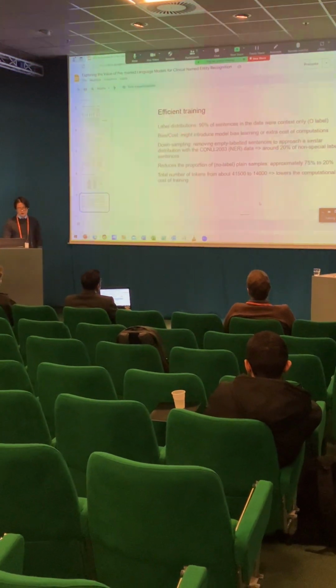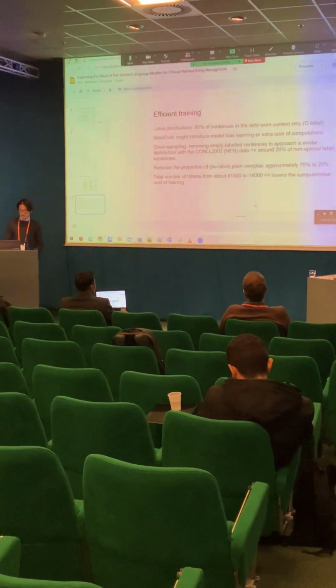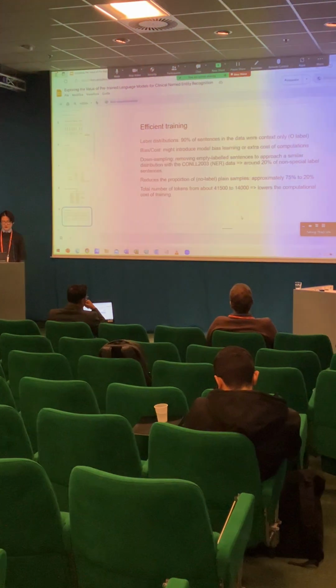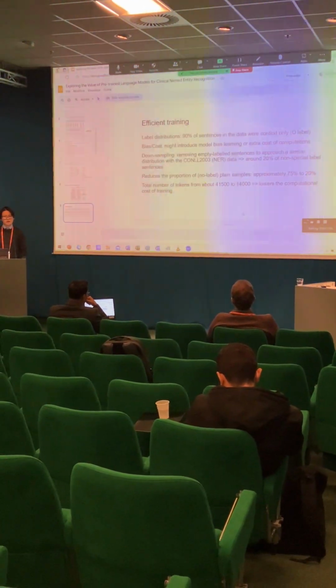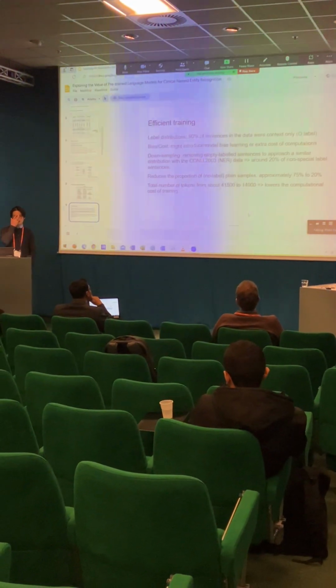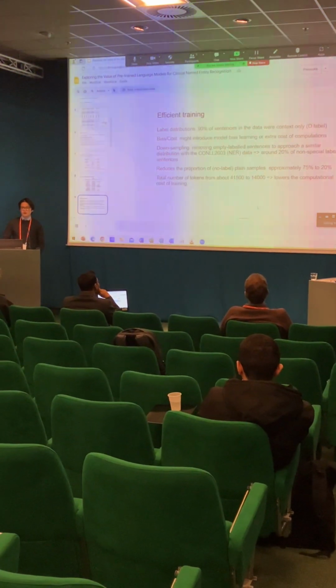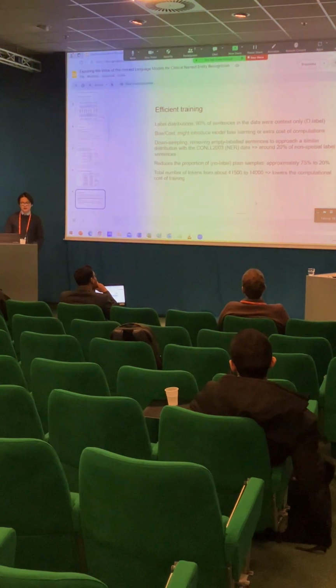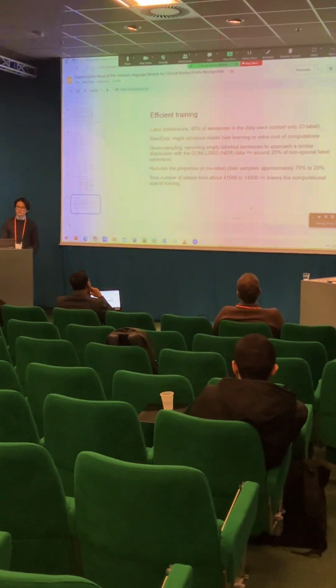In addition to that, we did efficient training. This step is because we observed that in the electronic health records, only 10% of the tokens, or special tokens, belong to the non-NaN category. The majority, 90% of the tokens, are context words, not drug related.